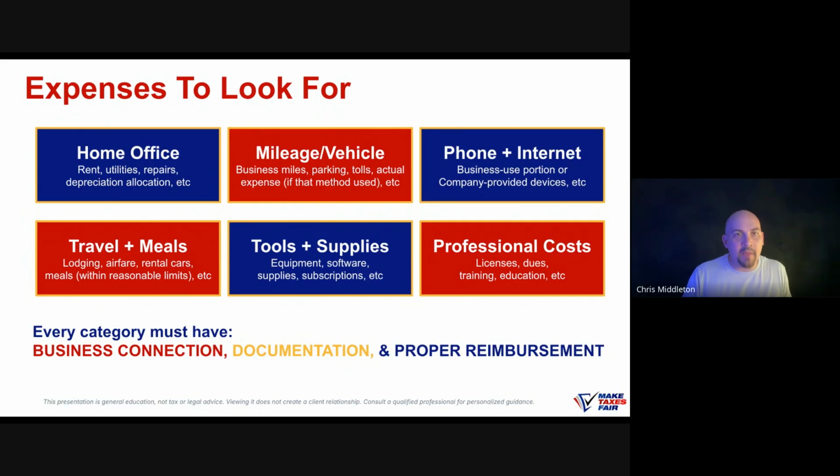But these are examples: home office, rent, portion of the mortgage, utilities, repairs, depreciation allocation, etc.; vehicle mileage, vehicle expense, business miles, parking, tolls, etc. You can read them; I'm not going to read all these to you. You're welcome to pause and take a screenshot. But bottom line is, for every category you have to have those three things: business connection, documentation, and proper reimbursement flow or timing, right?